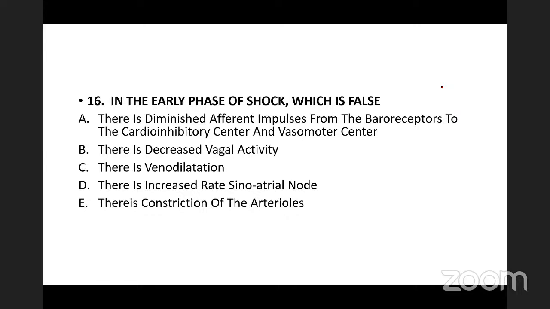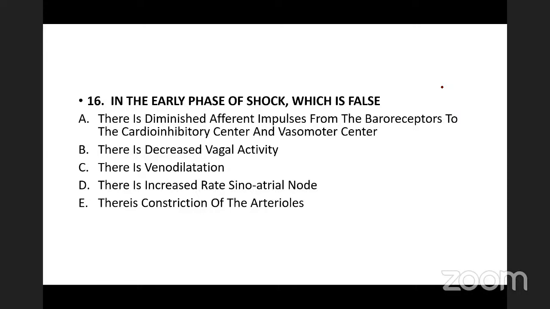Now, the early phase of shock, which is false. There are 3 phases of shock: the early phase, the middle phase, and the late phase. The early phase is a compensatory mechanism carried out by the baroreceptor mechanisms.